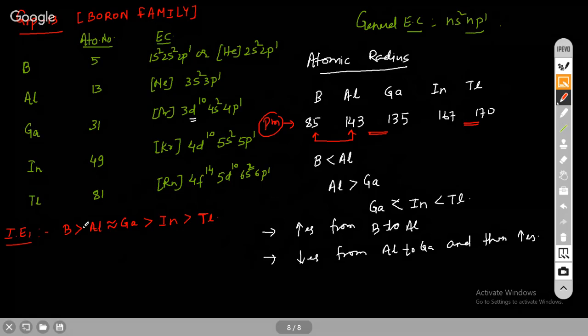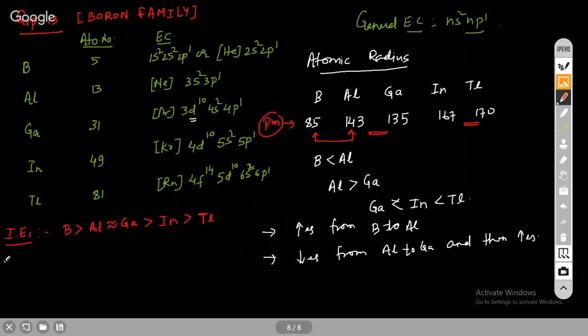So that is what you have to keep in mind, that it does not follow a regular trend. We don't have only the size factor here, there are other factors involved. So this is the order followed for ionization energy.